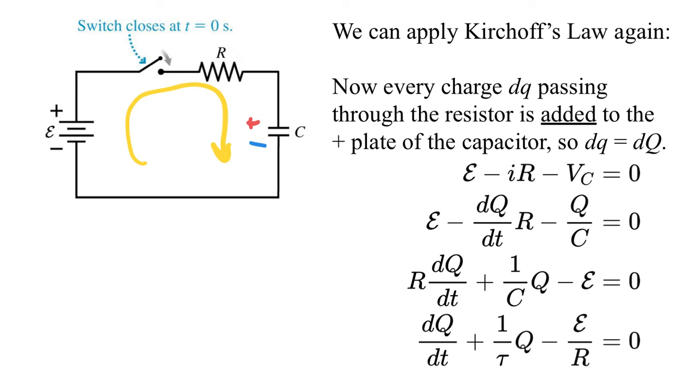So we get two minus signs. And then we know that capital I is just dq/dt, and Vc is just q over C. So we get this differential equation. This is now an ordinary first-order differential equation, but it's inhomogeneous because it has a constant term that is not itself a function of our variable q.